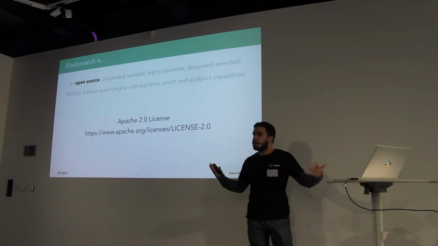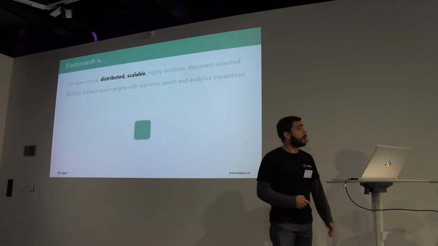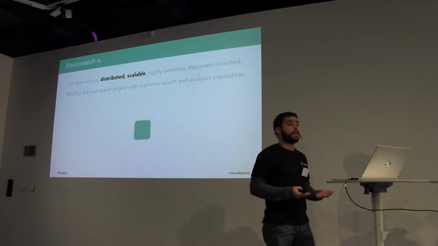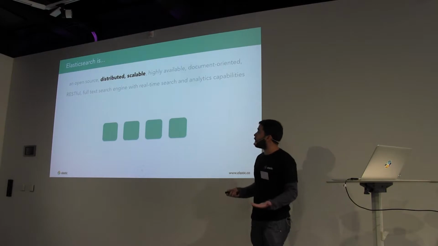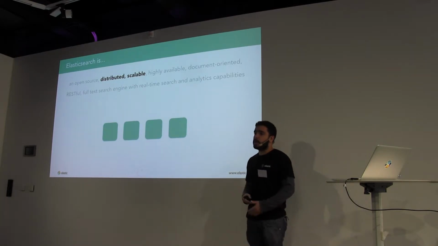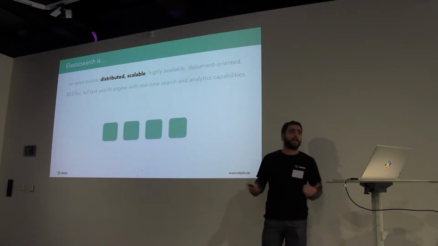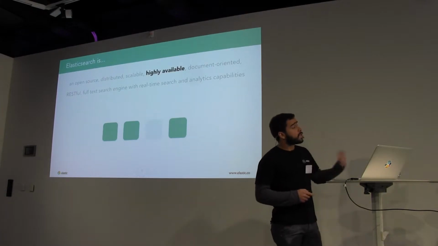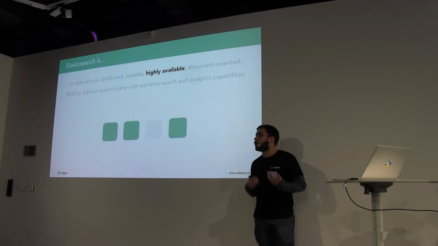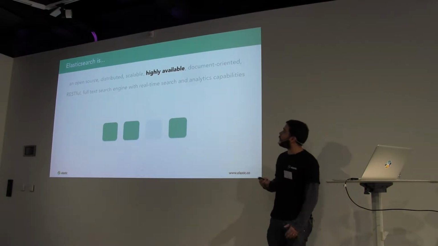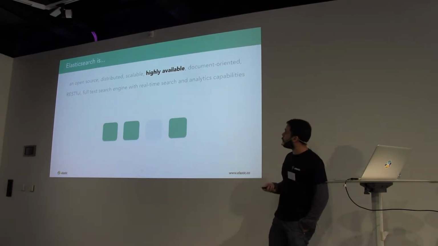Actually, that's why we are all here today. And it's distributed and scalable, so you can run Elasticsearch in one node, but you can also run it in 4 different nodes, and it's like scaling horizontally. It's highly available, so if you lose one node, you keep operating with 100% of your data available.